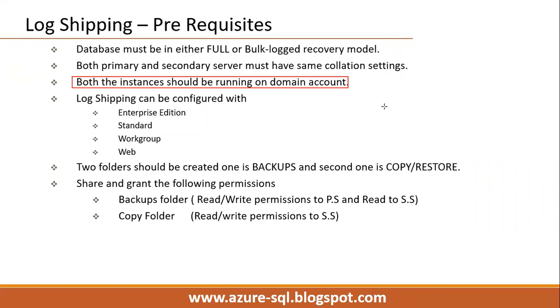But if you are practicing on your laptop with two instances, then there is no need for the servers to run on a domain account. It may be any account, like the default account, NT Authority Network Service, or a normal local account.